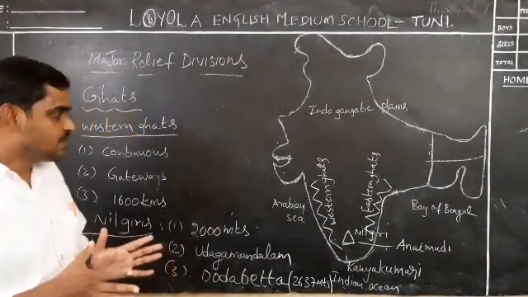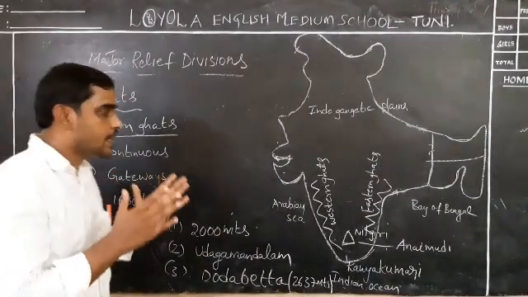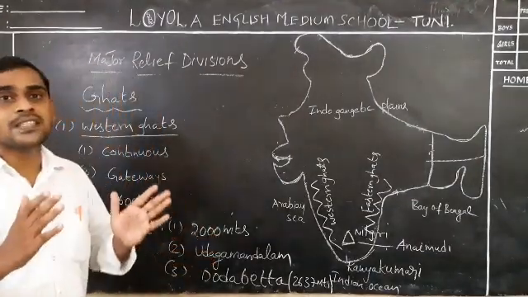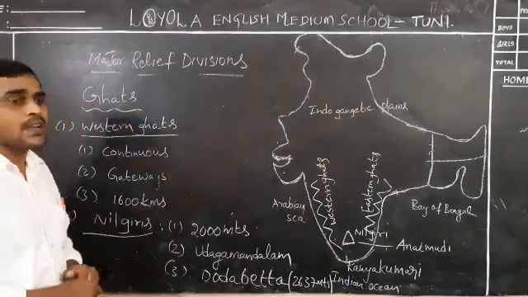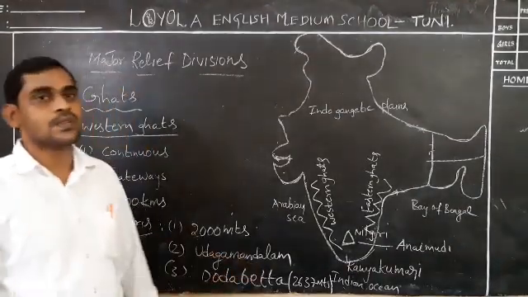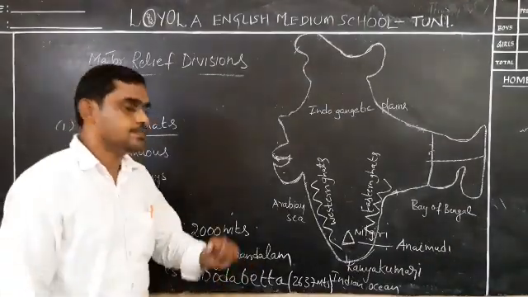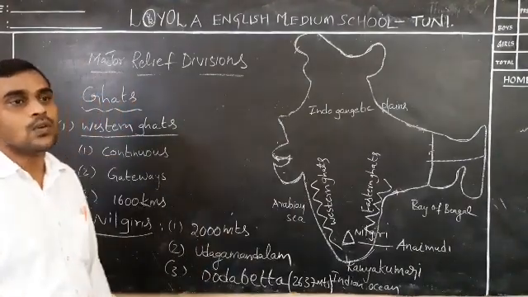And one more thing, in Nilgiris is located one famous hill station. What is the name of that hill station? That is Udagamandalam. It is also known as Ooty.